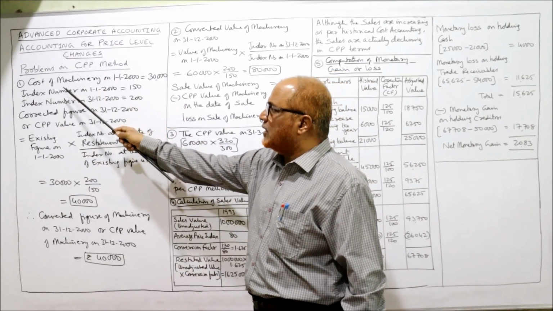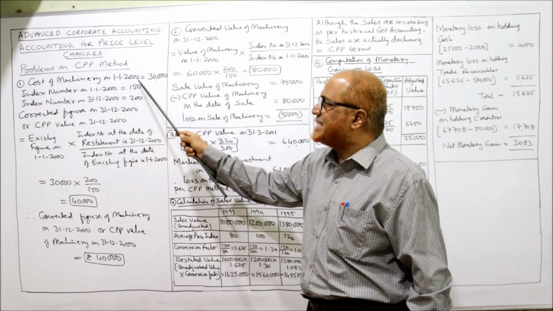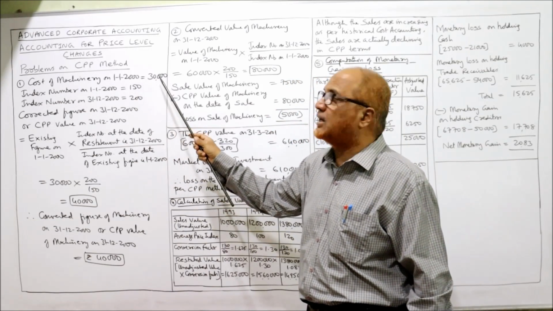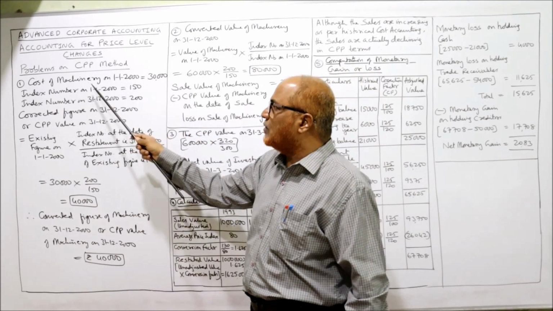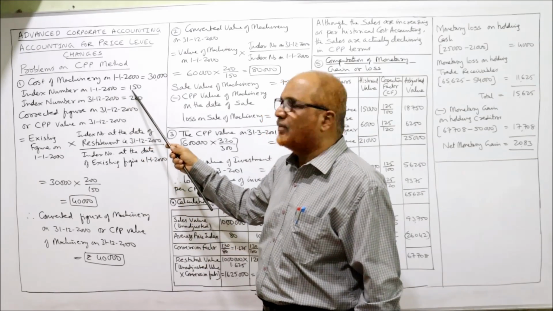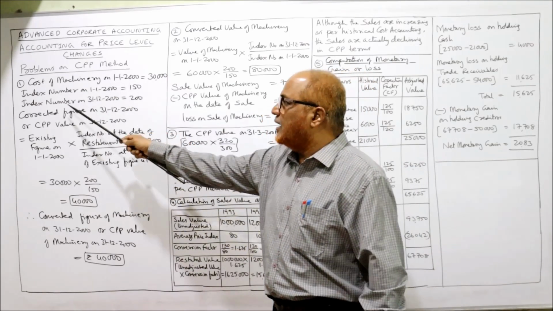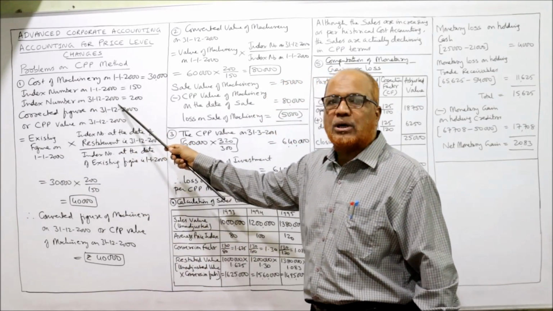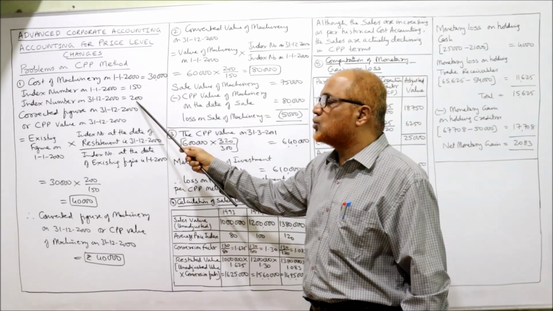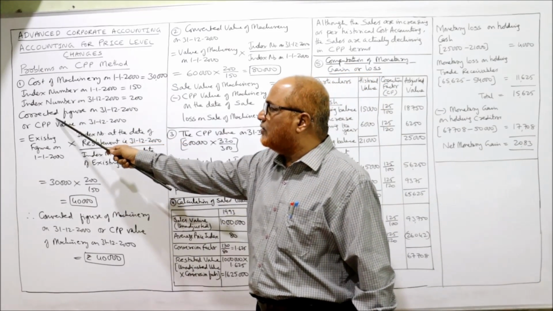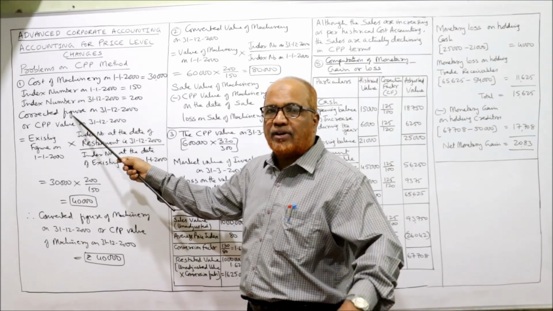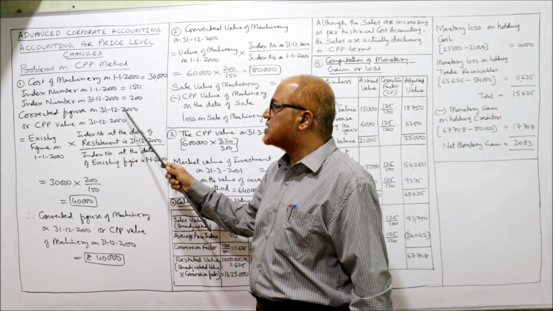Problems on the CPP method. Cost of machinery on 1st January 2000, the beginning of the year, is 30,000. The index number on 1st January 2000 is 150, given in the problem, and the index number on 31st December 2000, the end of the year, is 200. Now we want the converted value, or CPP value, of the machinery on 31st December 2000.